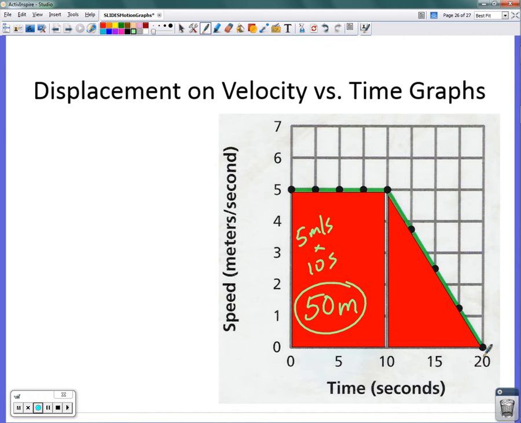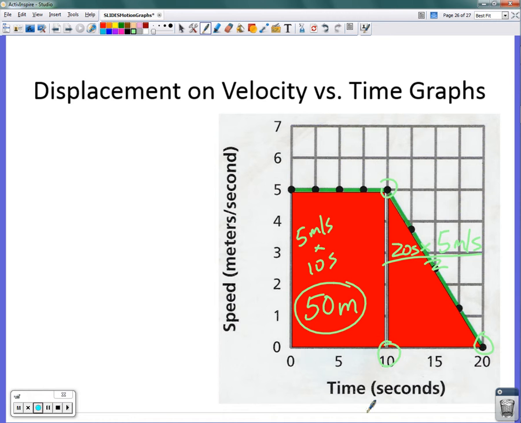But then from this point here to the time when it stops, we have a triangular shape, so base times height divided by 2. The base of this triangle, 20 seconds, times the height of this triangle, which is 5 meters per second, divided by 2. Oh, wait, my bad. This is not 20 seconds, even though it ends at 20 over here.